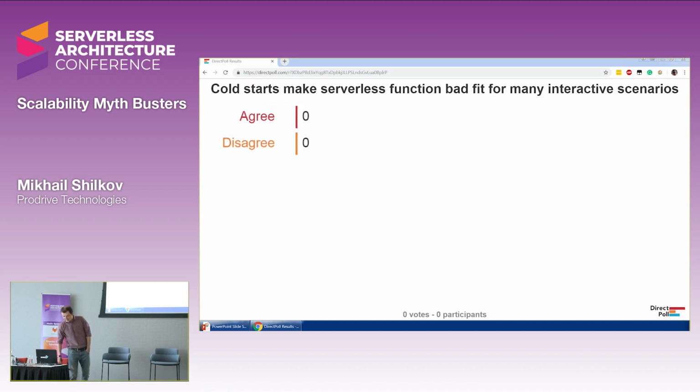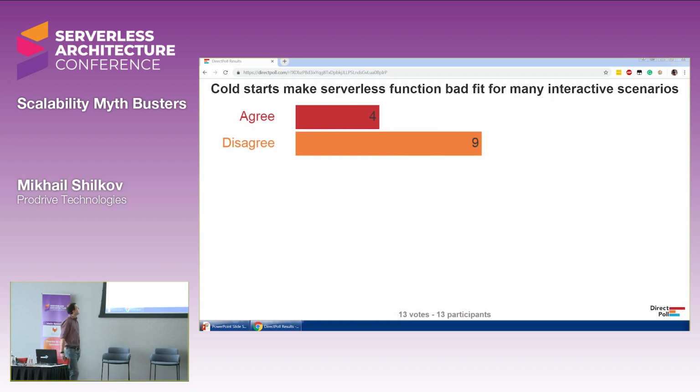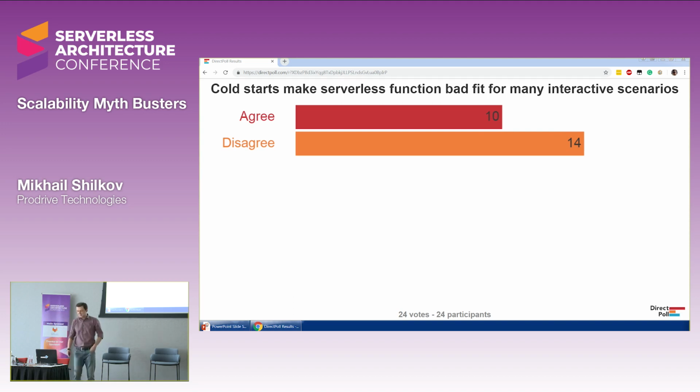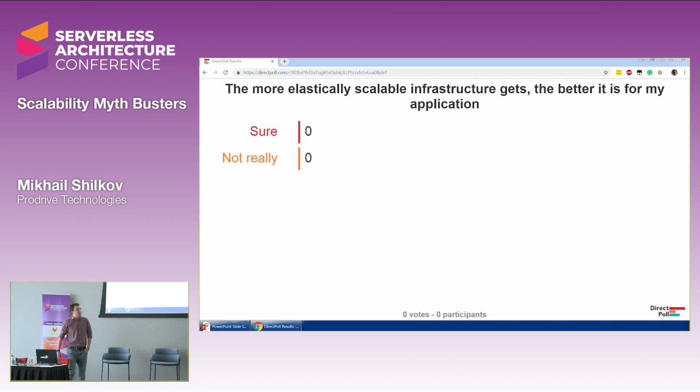Yes. I think that's the final one, or maybe the last one before final. Cold starts, if you know what cold starts are, make serverless functions bad fit for many interactive scenarios. Okay. More believers that cold start is not a big issue. And yes, this is the final question.